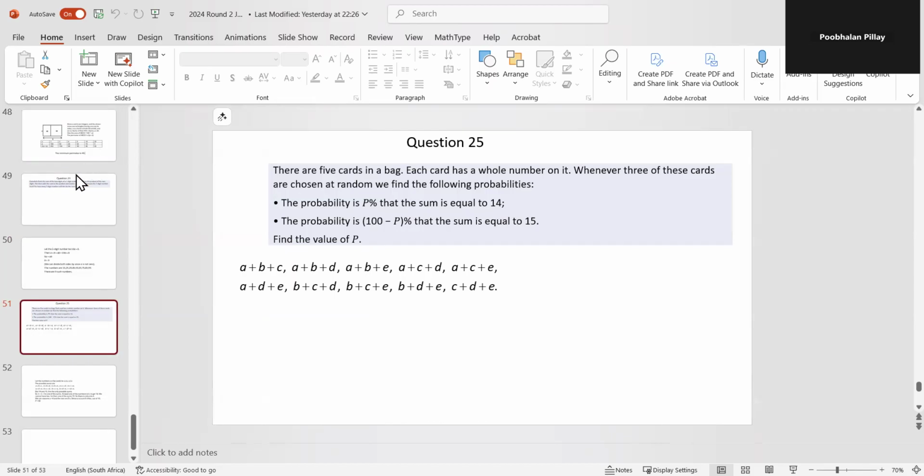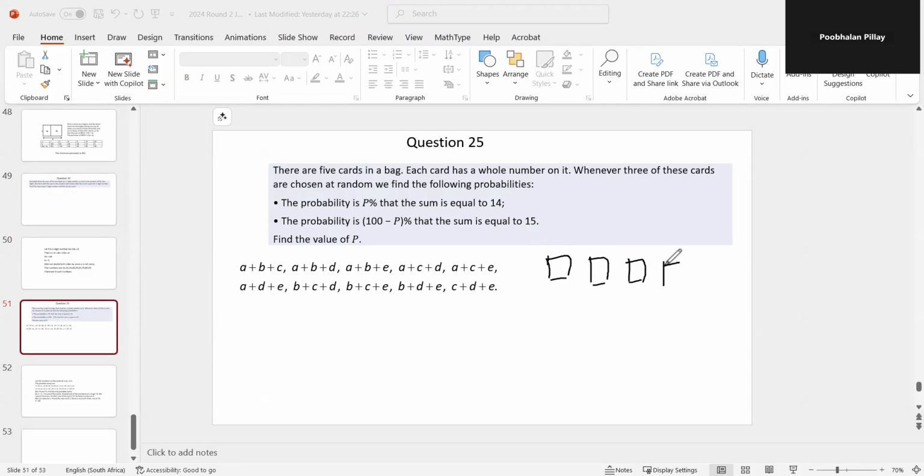Okay. So what does this question say? It says that there are 5 cards in a bag, and there is a whole number written on each. So you got 5 cards inside a bag, and there's a whole number which is written on it. Whenever 3 of these cards are chosen at random, we find the following probabilities.